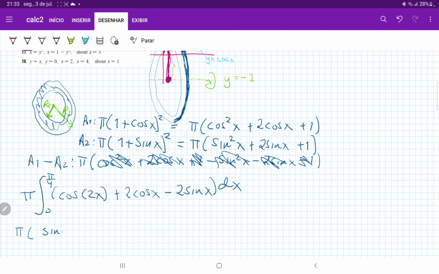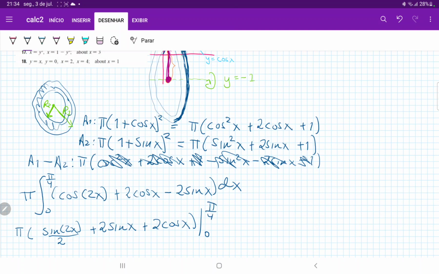This is just sine of 2x divided by 2, and then plus 2 cosine x. So that integral is plus 2 sine x. And then here, it's minus 2 times the integral of sine x. So the integral of sine is minus cosine. So minus cosine times minus 2 is plus 2 cosine x. And all of this evaluated from 0 to pi over 4.